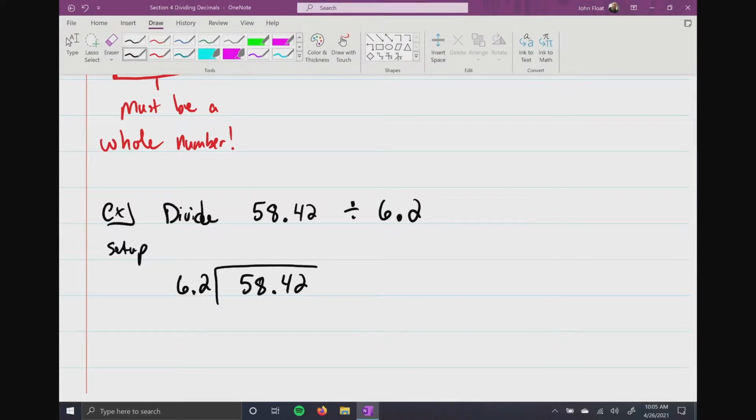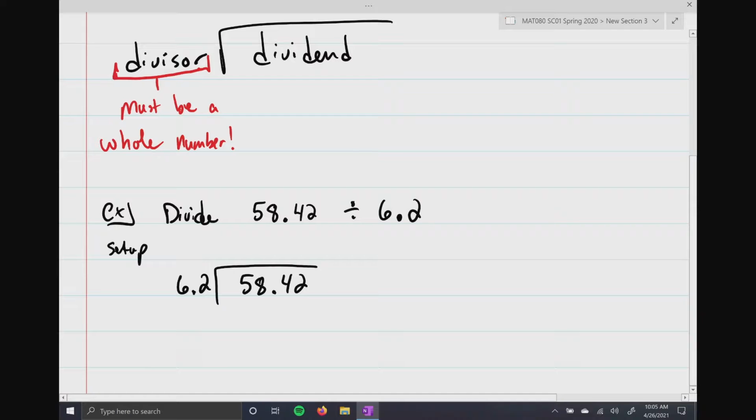Now, here's the thing. Our divisor, 6.2, is not a whole number. It's a decimal right now. So what we need to do is make it a whole number. And we do that by moving our decimal place one place to the right. So that will make this a whole number.